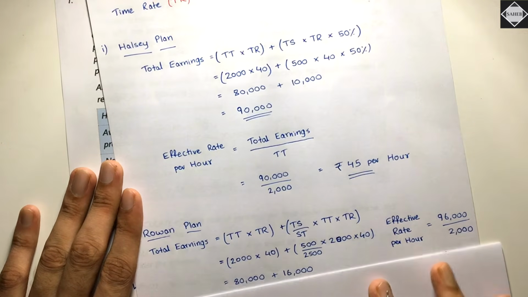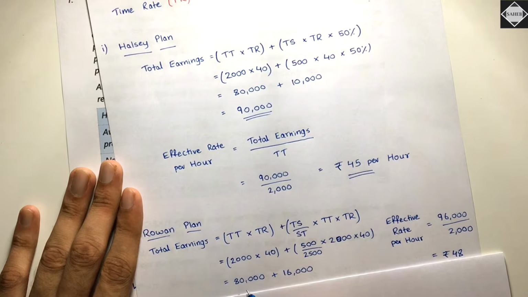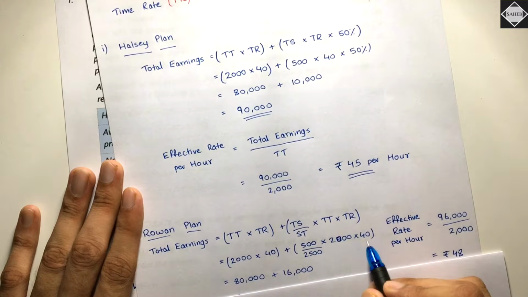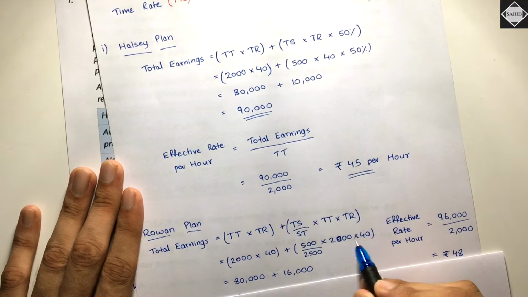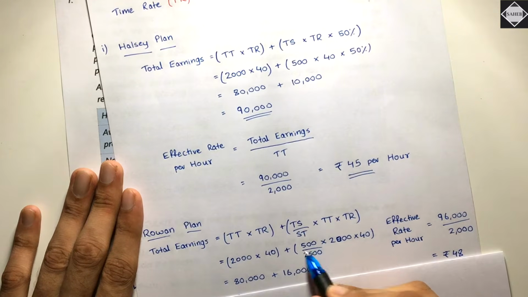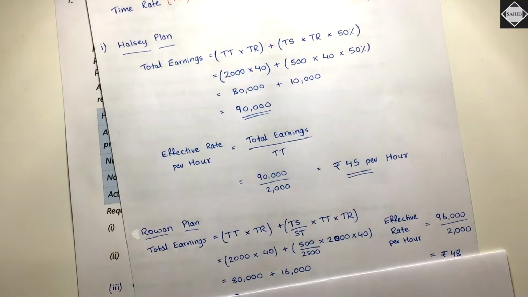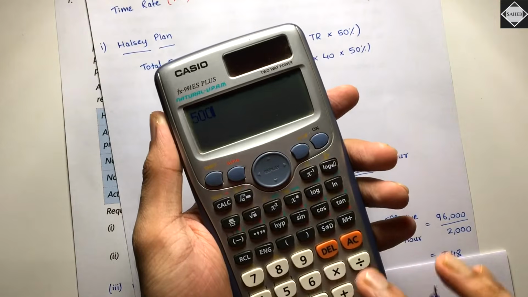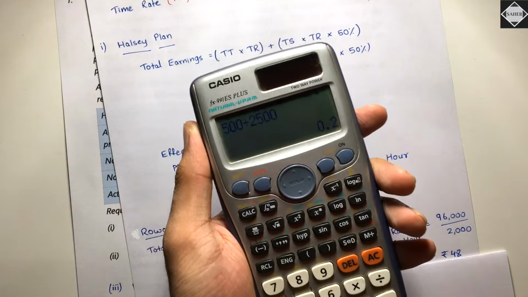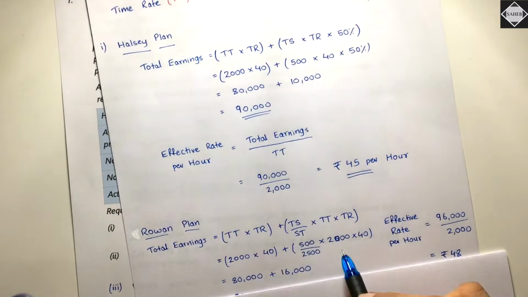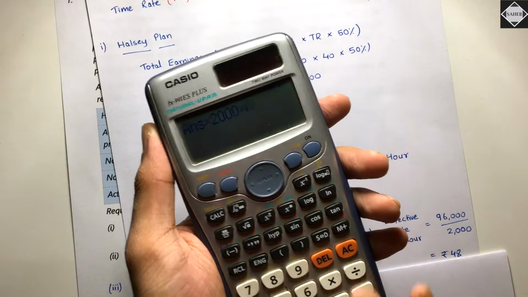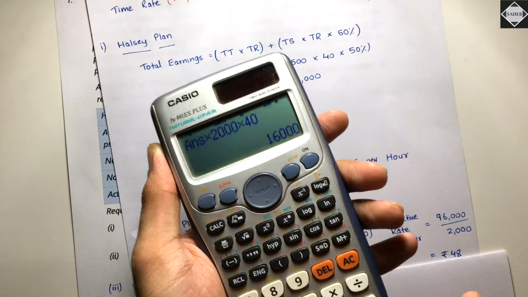2000 into 40, that's 80,000. And then 500 divided by 2500, that's 20%, into 2000 into 40, so that's equal to 16,000.